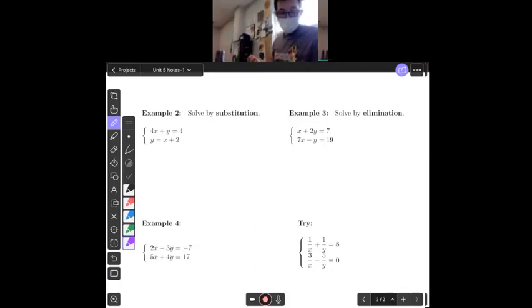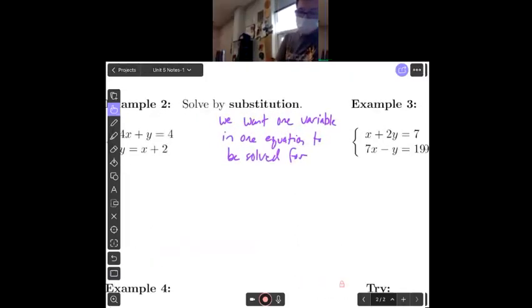With substitution, we want one of the variables in one of the equations to be solved for. That's kind of the ideal problem, when one variable is already by itself.